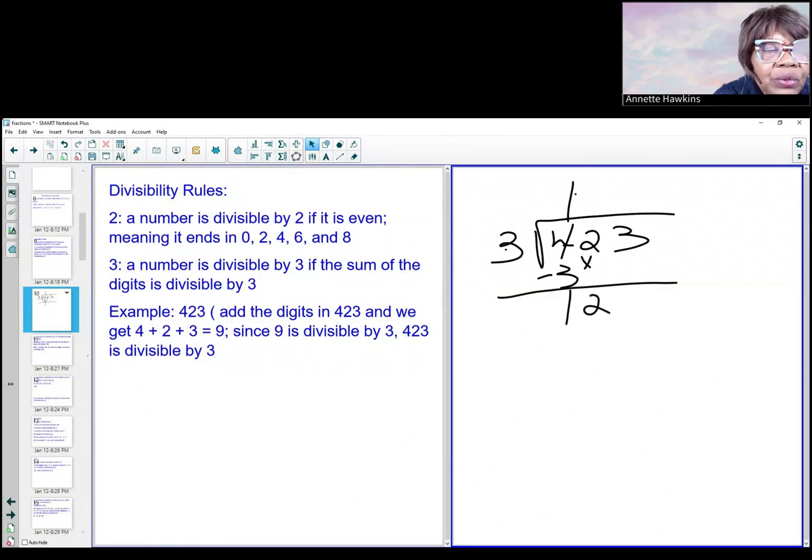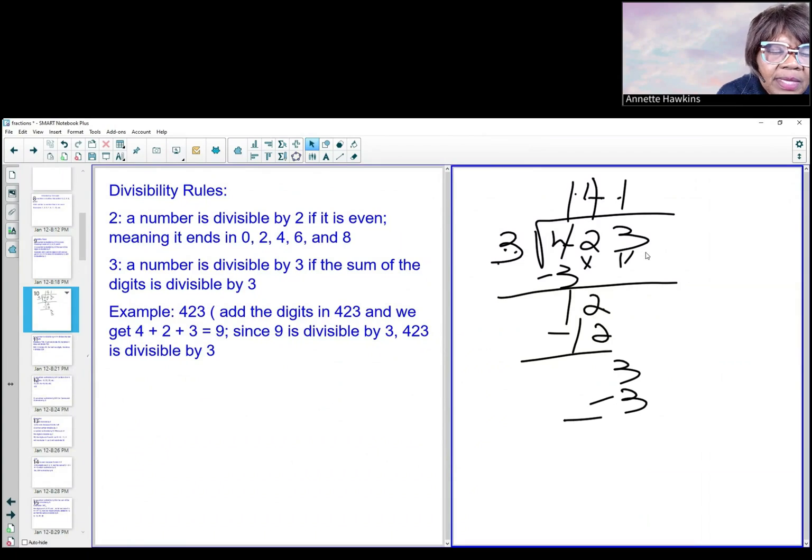Bring down the 2. 3 we divide 12 4 times. 4 times 3 is 12. Bring down the 3. 3 divides 3 one time, 3 gives me 3. And the remainder is 0. So that shows us that 423 is divisible by 3. Now, the beauty of this is that we don't have to do all of this long division. We can just use our divisibility rules.